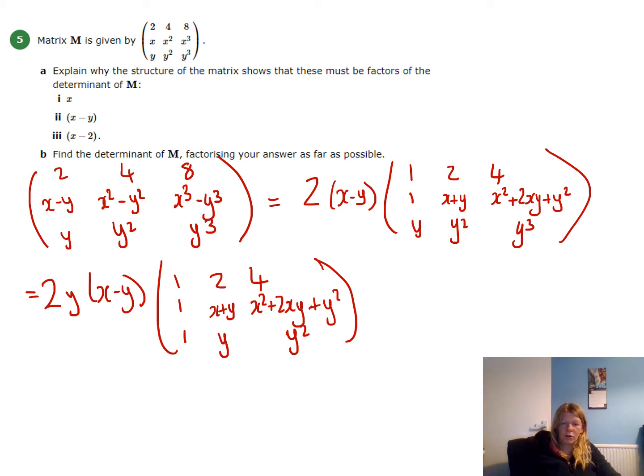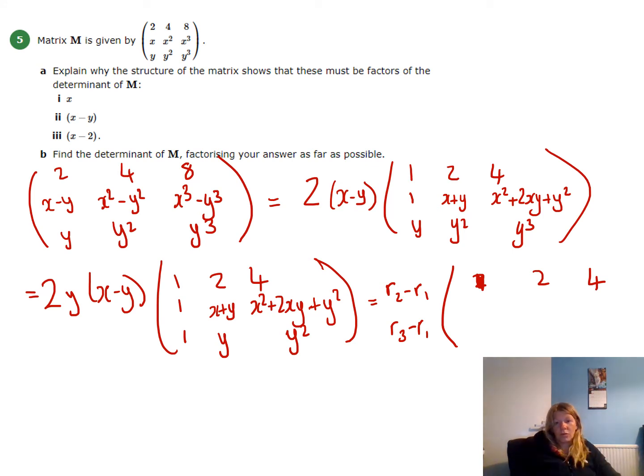Now I do one row take another to make some of these 0. So what you can do is really make a hash of that and do maybe row 2 take row 1 and row 3 take row 1. Let's see what happens there. So 1, 2, 4 stays as it is.